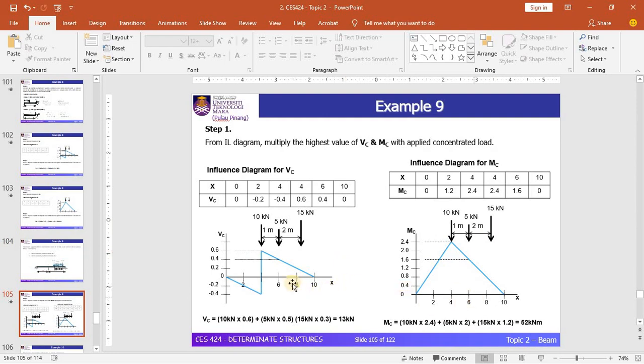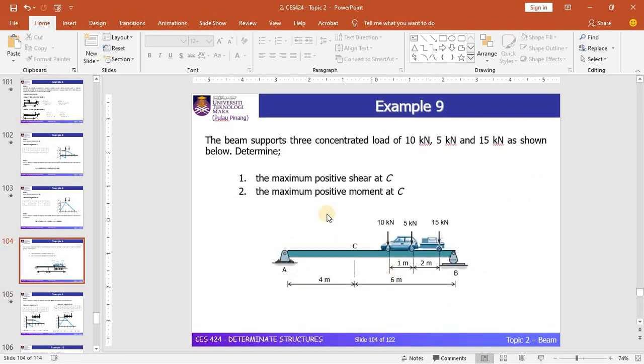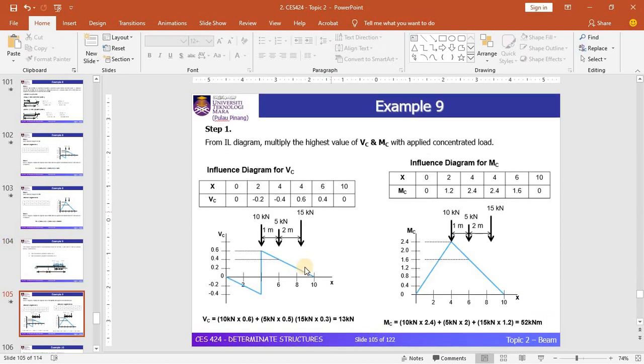You can see that the diagram remains the same as in example 8, but here we want to get the value of maximum positive shear and moment at point C based on this load arrangement. Let's look at the first part, which is the positive shear at C.